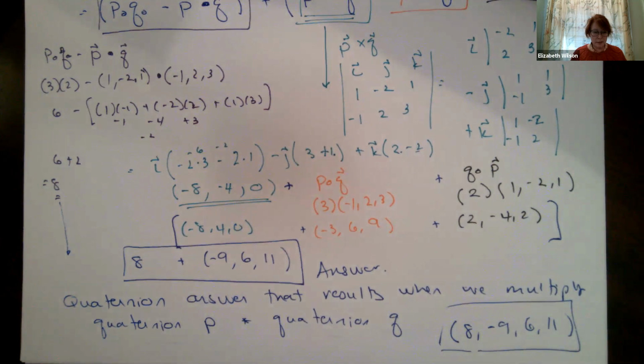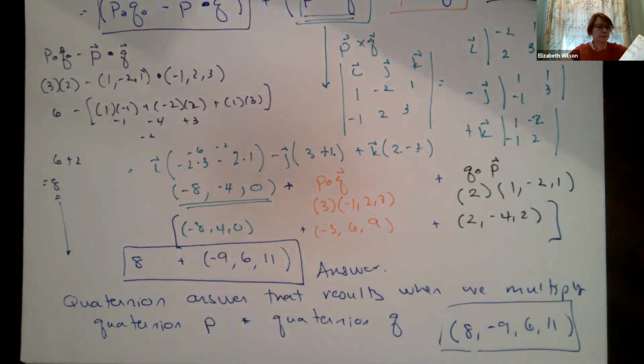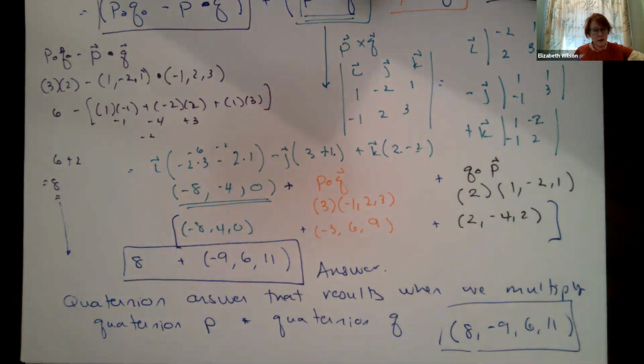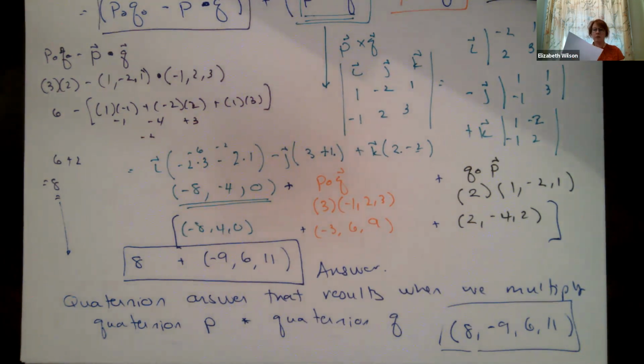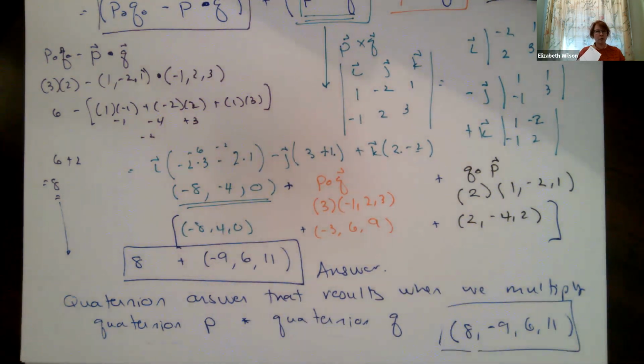So far, so good, you guys? All right, what I'm going to do is take a step back and do some classwork problems. So I have classwork chapter 2.7 part 1.